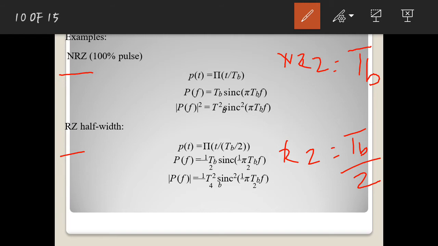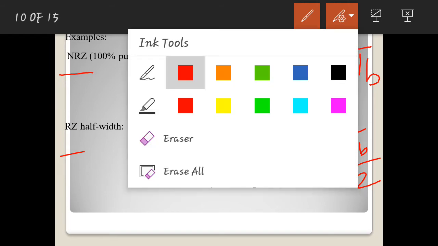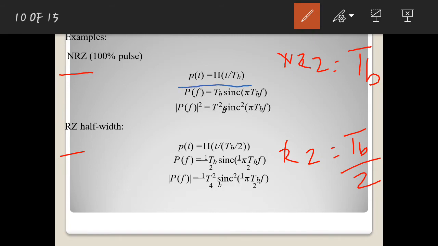So, you have the pulse, the basic one is a rectangular pulse. In your conversion from time domain to frequency domain, you will have it as a sinc pulse. You are squaring the term, therefore sinc squared. Since the pulse is NRZ, the occupation of your bit time period is TB.